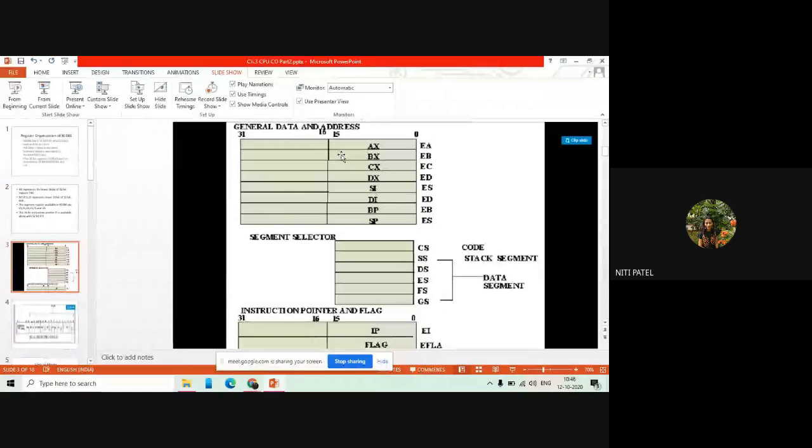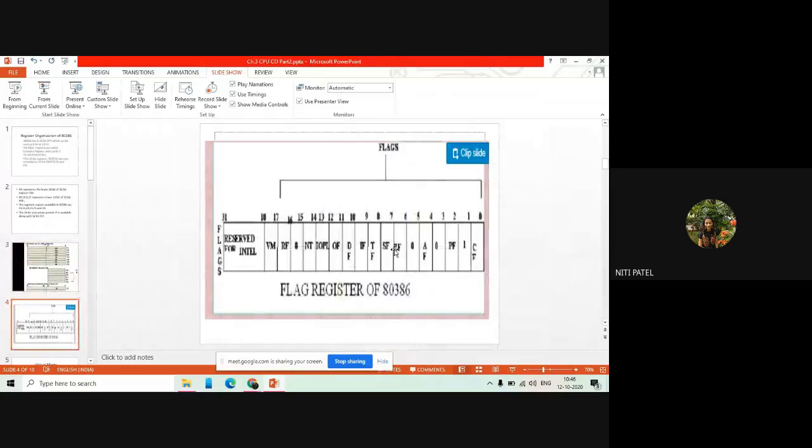We have also seen the segment registers, instruction pointer, status and control registers. Apart from this, we also learned two new registers, which were the debugging registers and test registers. Total two test registers, TR6 and TR7, and total six debugging registers, DR0 to DR3, DR6 and DR7. Is it clear up to here?